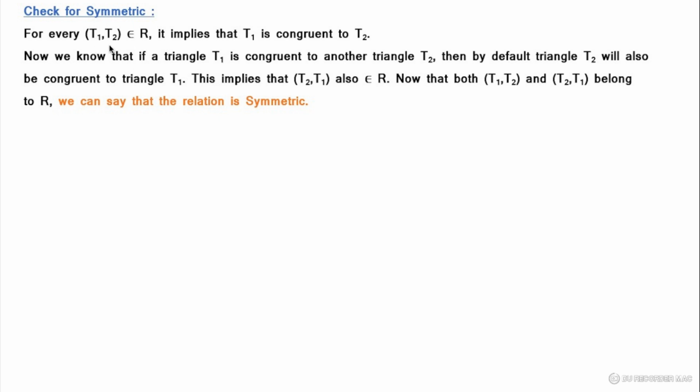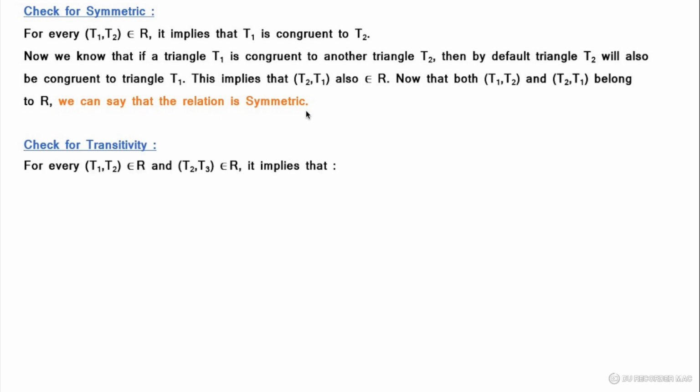If T1 is congruent to T2, it means T2 is also congruent to T1. This implies that T2 comma T1 also belongs to the relation R. Now that both T1 comma T2 and T2 comma T1 belong to R, we can say that this relation is symmetric also. Okay, moving on, let's check for transitivity.